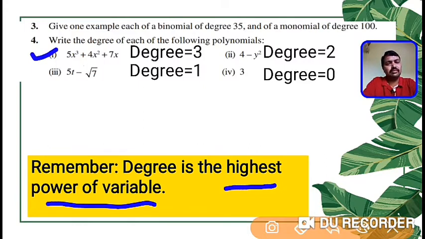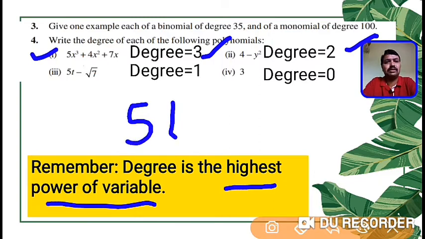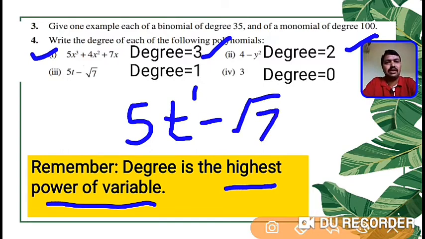You can see the highest power of the variable is 3, so the degree will be 3. Same in the second part, the highest power is 2, so the degree is 2. Same in the third part, the highest power of the variable is in 5t only. The power of t can be 1, minus under root 7 as it is, and the degree of this polynomial will be 1.